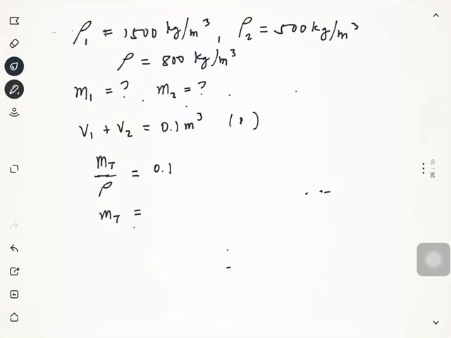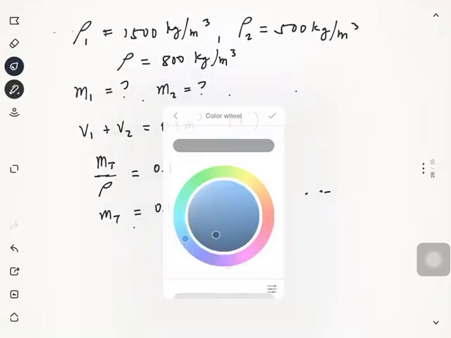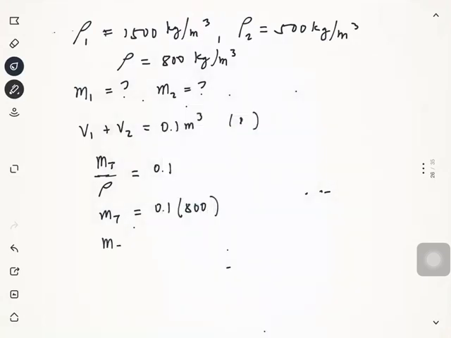So therefore, since we have the density given, the total mass is 0.1 times the density 800. So we have the mass here, this is 80 kilograms.